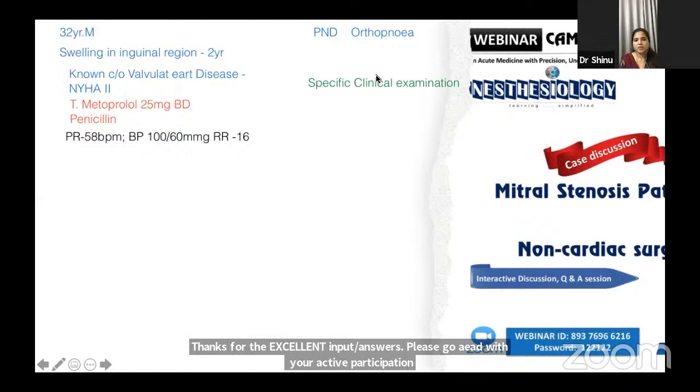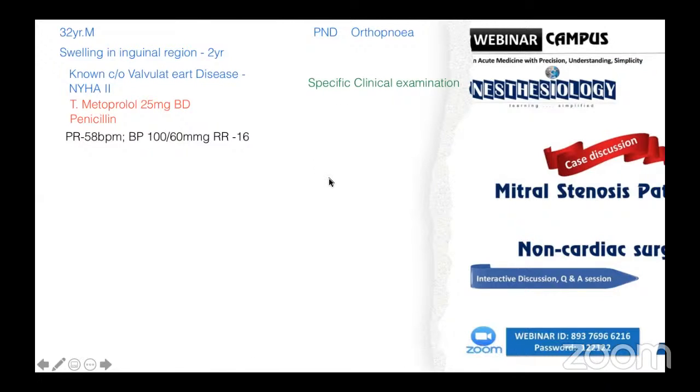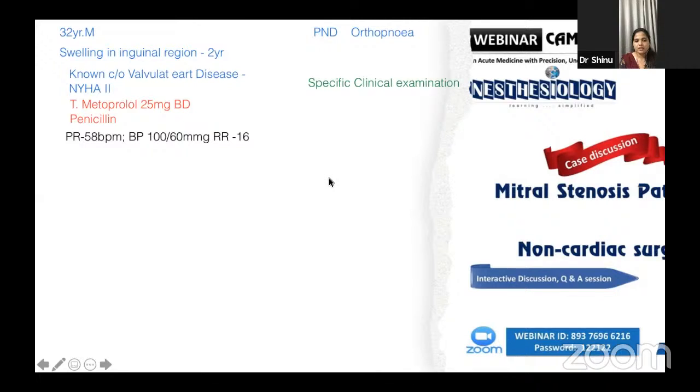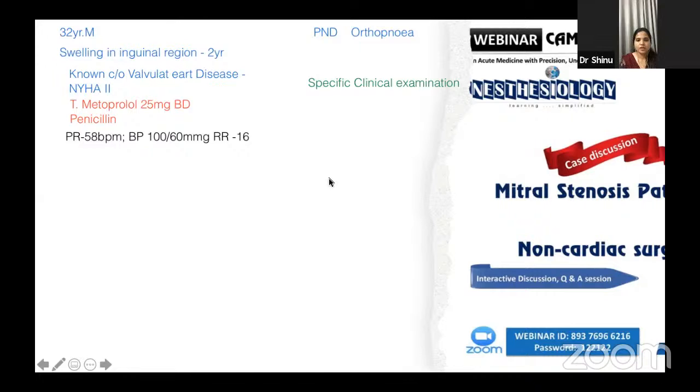Then a urine routine examination is also done to rule out any urinary tract infection. Then I'll look for serum electrolytes. If the patient is on digoxin or diuretics, there can be a decreased potassium level. Is the patient on digoxin? No, ma'am, this patient is not on digoxin. Do you want electrolytes in this patient, ma'am?